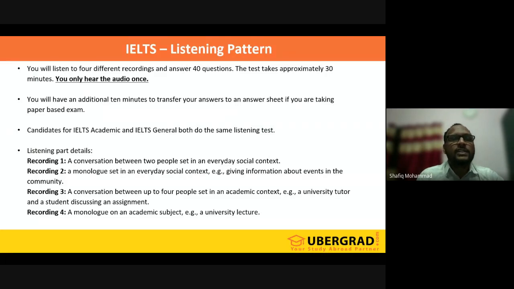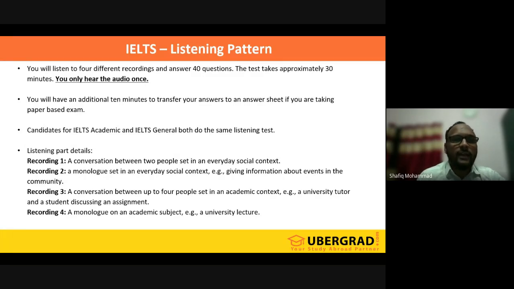So it tests your English levels only, unlike GRE, where they test your comprehension skill and also mathematical skills. Other things are not tested except English: listening, reading, writing and speaking are the four modules.